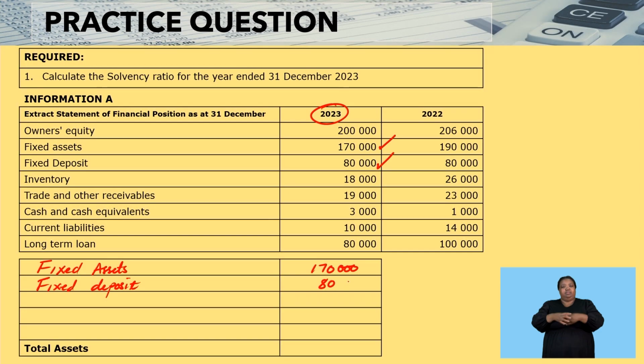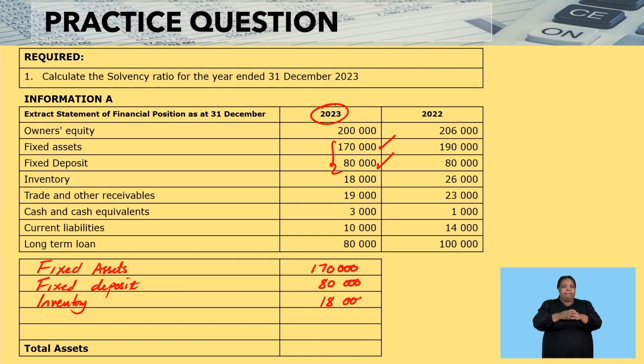I'm adding up all my assets, my non-current assets as well as my current assets. The next one that I'm going to have, now I'm on my current, because remember, these are your non-current. I'll bring my inventory, and my inventory is 18,000.